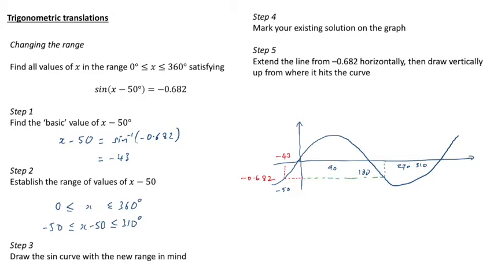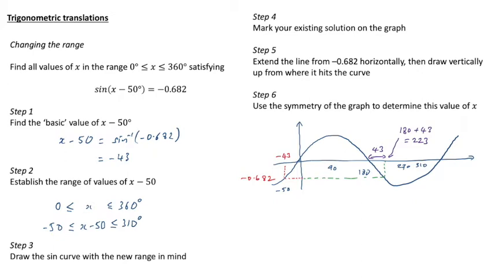So we first hit the curve there, and we use the symmetry of the graph to determine this value of x. And again, this time, because sine is symmetrical about 90 degrees, we know that the distance across from 0 to minus 43 must be the same as the distance from 180 to this new value. So that means we have 180 plus 43 equals 223.